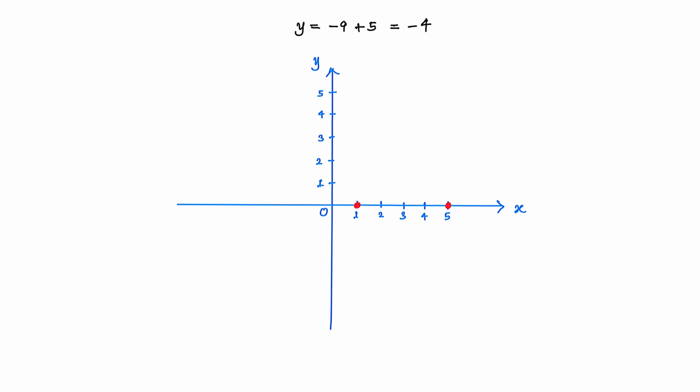This is 0, y is 5, which is this point. Or you can look at it as y-intercept means at what point does the curve or the line cut the y-axis. That's the point here, which is 5.